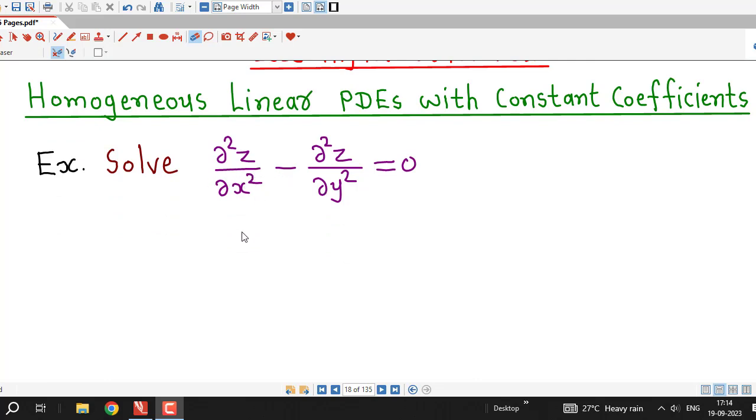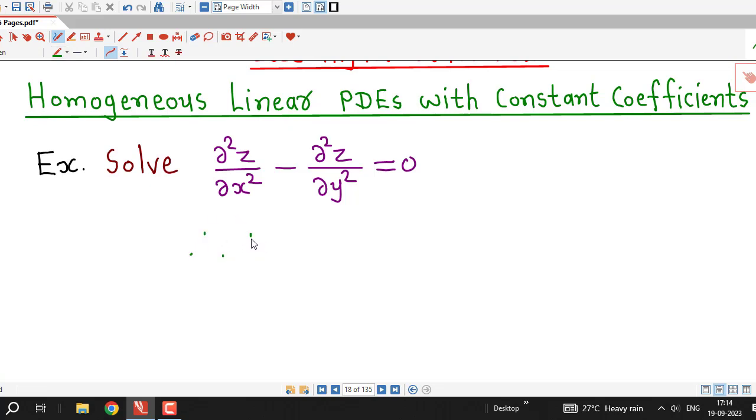Solve the partial differential equation del square z by del x square minus del square z by del y square equal to 0. So the first step is we have to write this equation in terms of capital D and D dash.